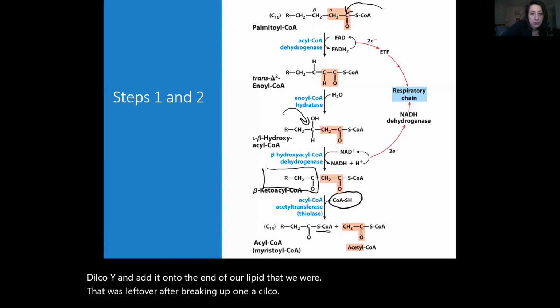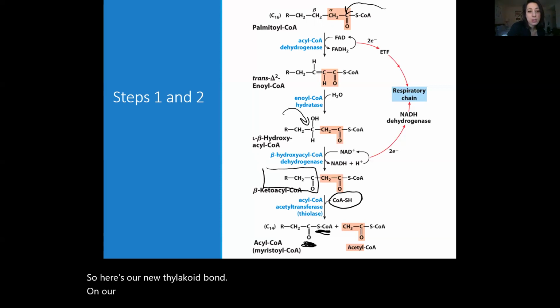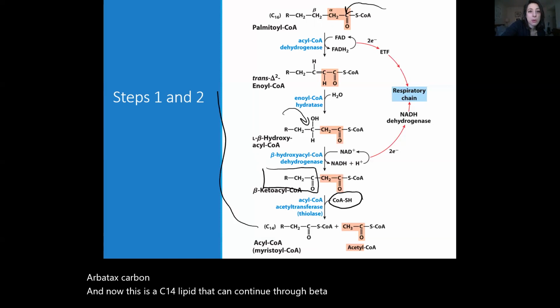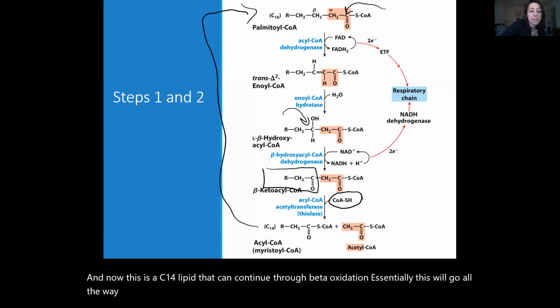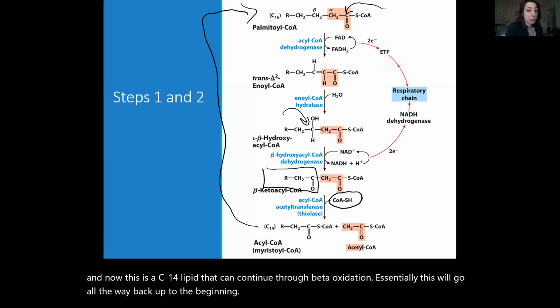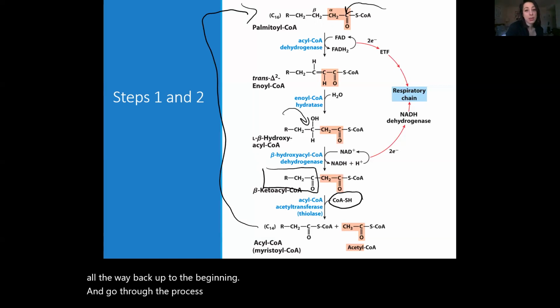So here's our new thiol-CoA bond on our carbonyl carbon that used to be our beta carbon. And now this is a C14 lipid that can continue through beta oxidation. Essentially, this will go all the way back up to the beginning and go through the process again, this time breaking off another acetyl-CoA.